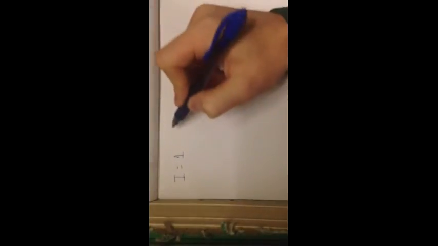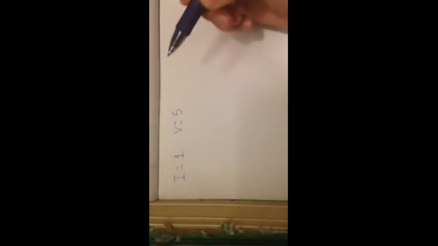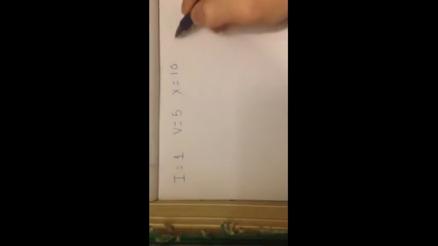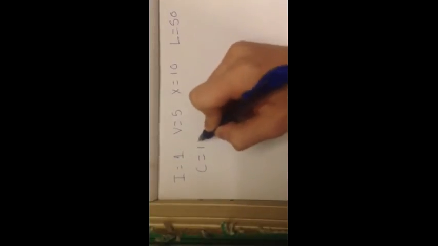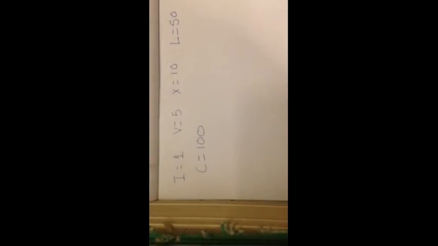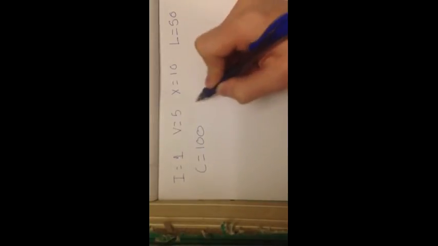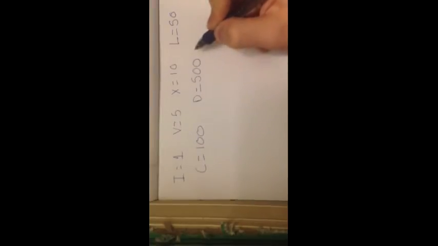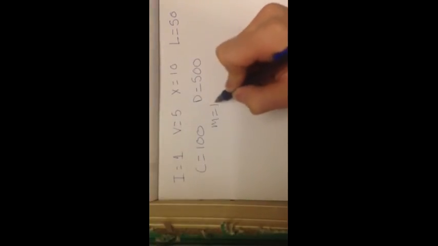They use an I to represent 1, a V to represent 5, an X to represent 10, an L to represent 50, a C to represent 100, a D to represent 500, and then we have M equaling 1,000.